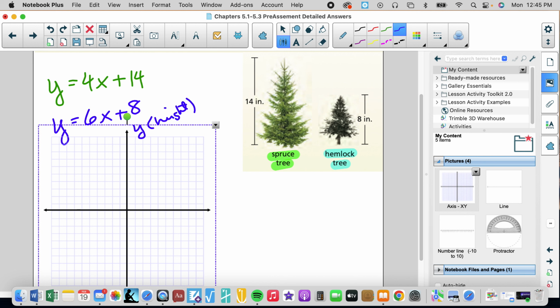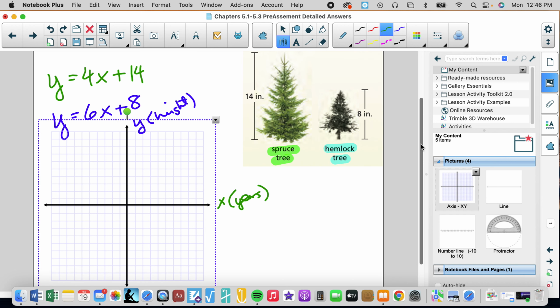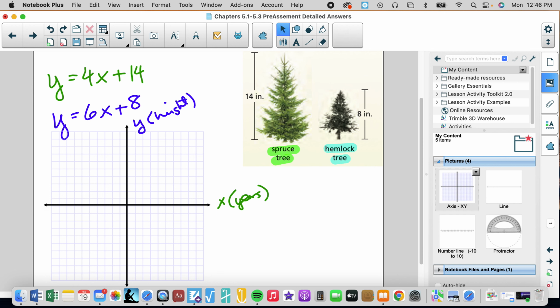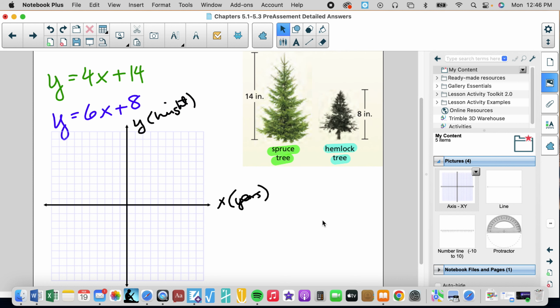The output's going to be the height, and the input, x, is going to be, what are we dealing with, years, yeah. So that's okay. It shouldn't be green. Let's make that in black, not to confuse that one is different than the other. Those are just the units.